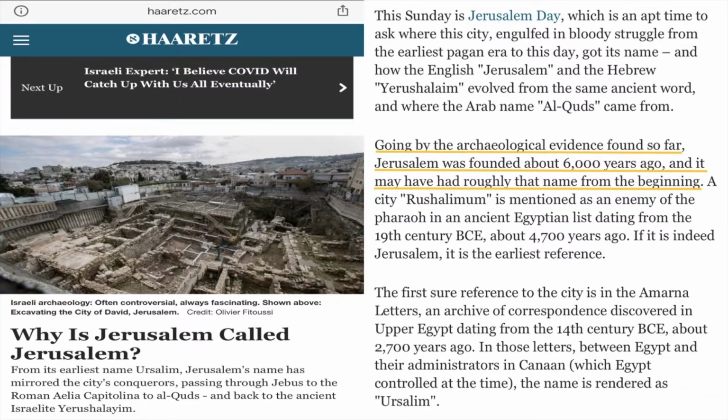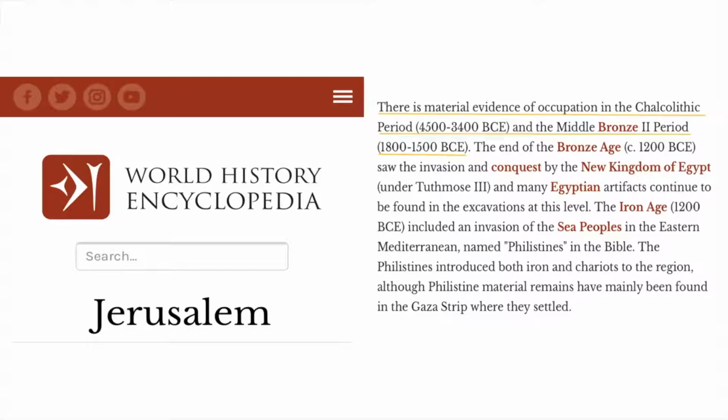And this is from Haaretz, Why is Jerusalem called Jerusalem? Going by the archaeological evidence found so far, Jerusalem was founded about 6,000 years ago, and it may have had roughly the name from the beginning. And this is from World History Encyclopedia, Jerusalem. There is material evidence of occupation in the Chalcolithic period, 4,500 through 3,400 BCE, and the Middle Bronze Age II period.